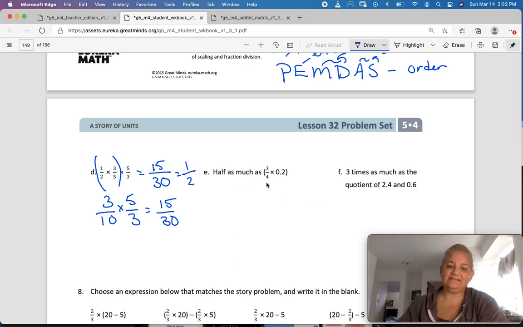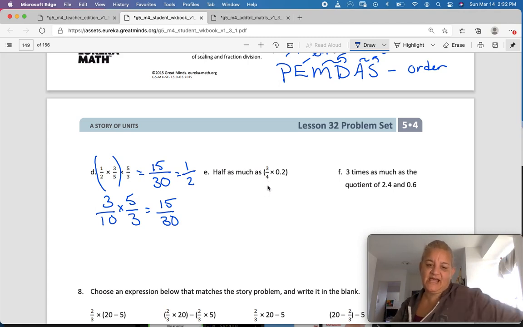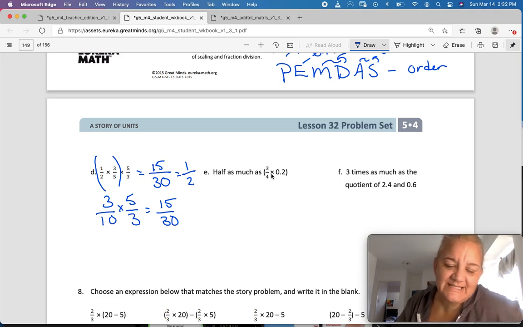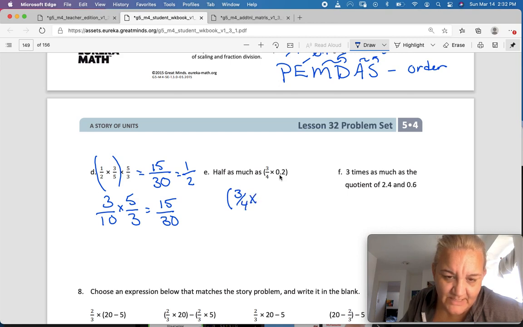Half as much as 3/4 times 2/10. Okay, now the evaluation gets a little trickier when they start throwing in language there. So half as much as, which means 3/4 times, and I'm going to go ahead and convert this right away. 2/10, which would be the same as 2/10, right?